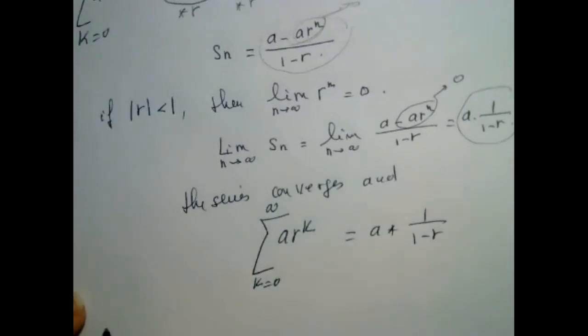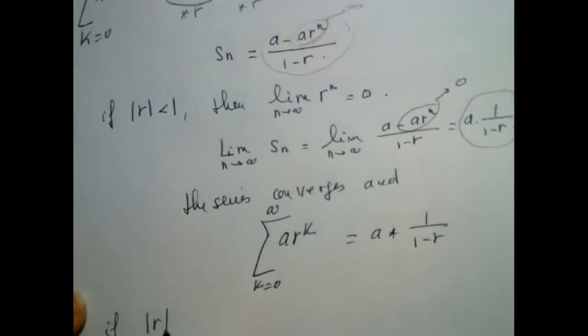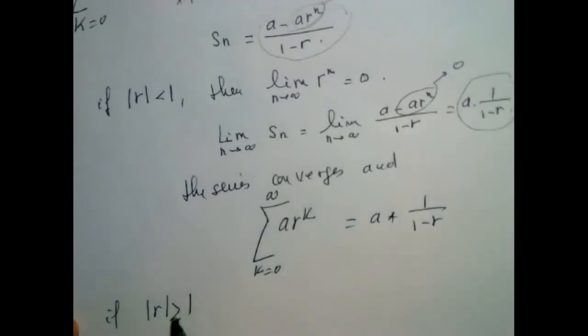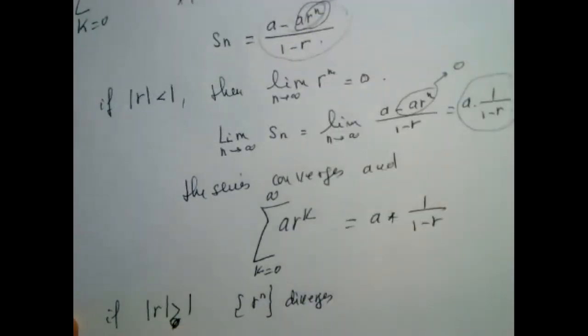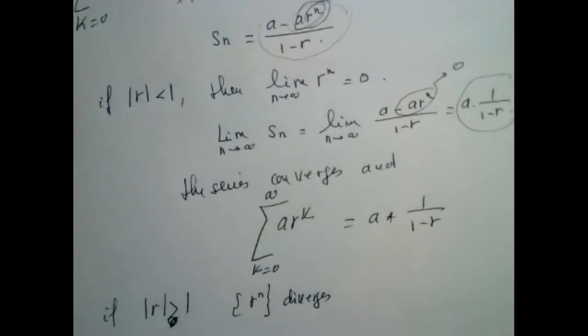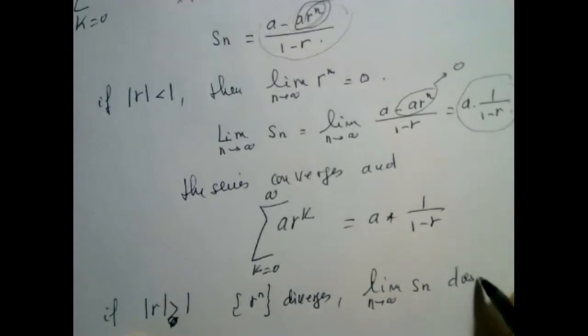If the ratio is bigger than or equal to 1, and if the ratio is strictly bigger than 1, then the sequence r to the n diverges. So those don't get close to anything. They either blow up to infinity or the limit doesn't exist. So as n grows, the limit of the partial sums does not exist, or diverges.